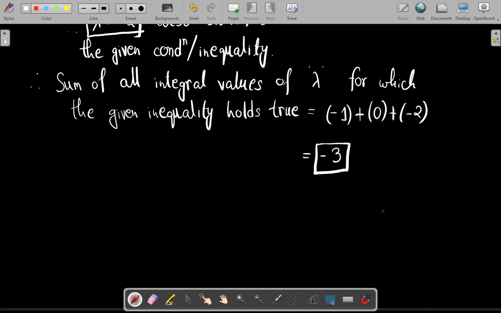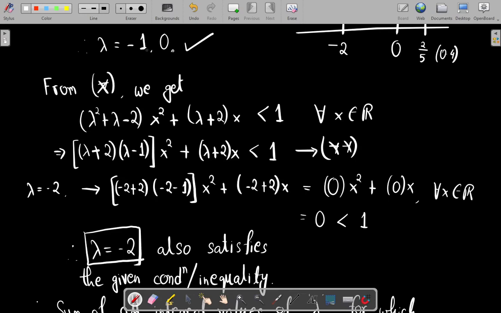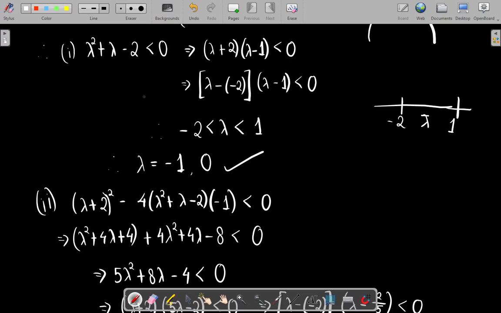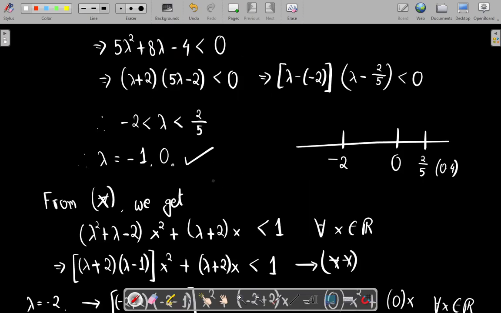In the book the answer is -3, and I had to try for some time in order to get this -2 value. I also first got these two values, and I discarded -2 because while solving it was strictly excluding -2 and 1, right? In both conditions it excluded -2, so I discarded that case.